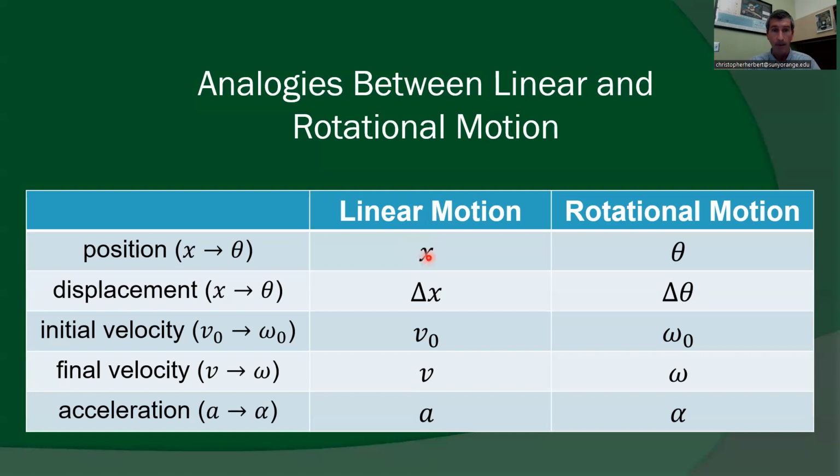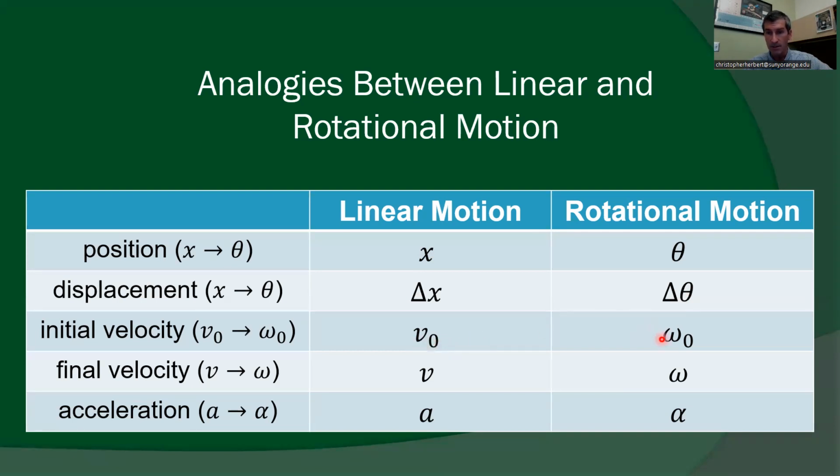We're going to change x, which is our linear motion or translational motion variable for position in one dimension, to just theta. We're going to trade out displacement delta x with delta theta.